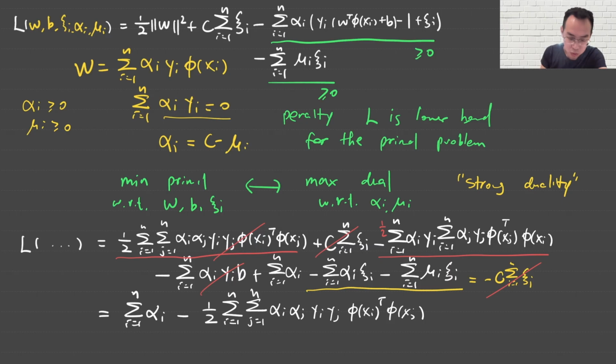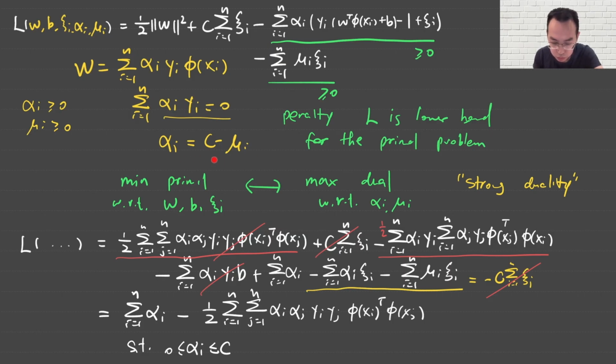And then to solve this problem, let me also write out the constraints for it, right? So we have the constraint of alpha I greater or equal to 0. And because the mu I term here is greater or equal to 0, that means our alpha I must be smaller or equal to C, according to this equation here.